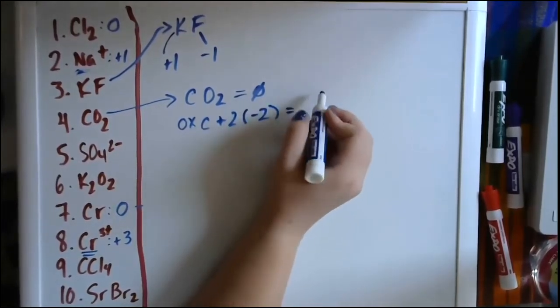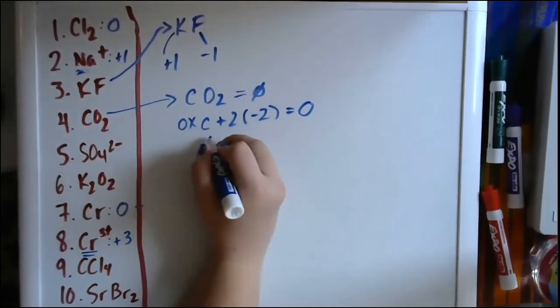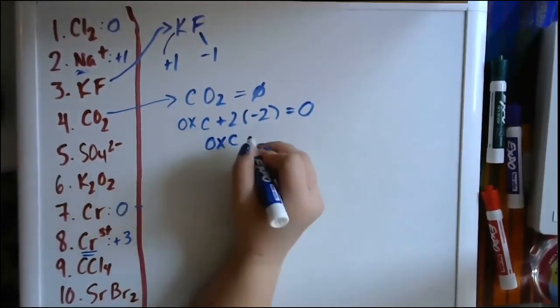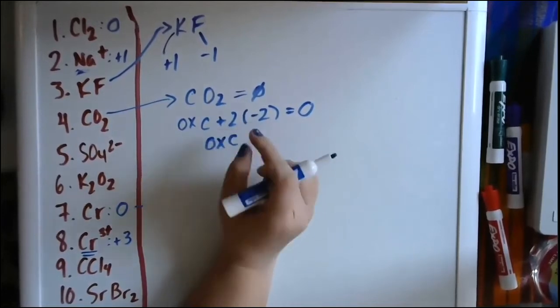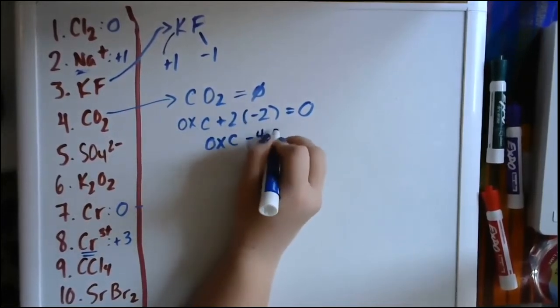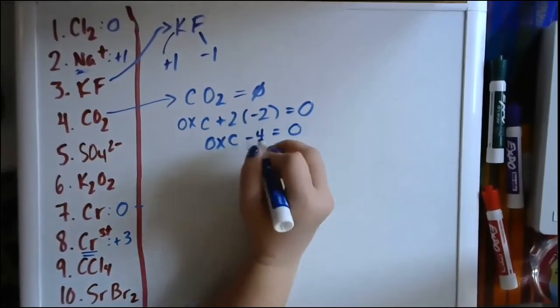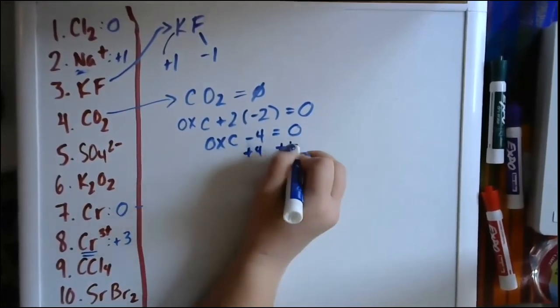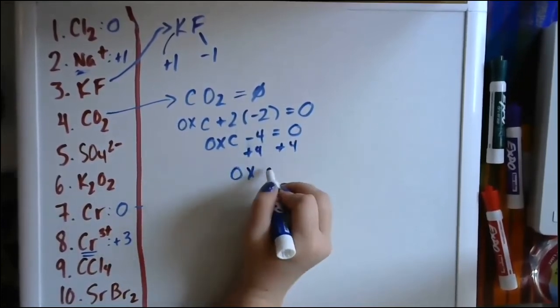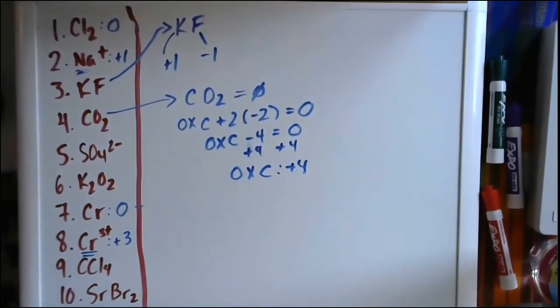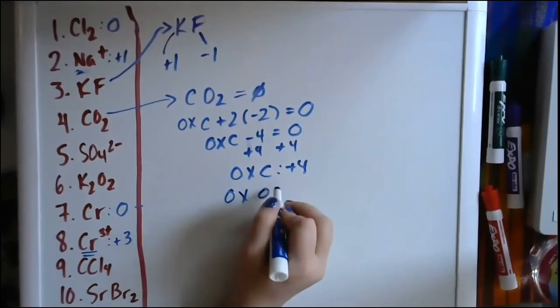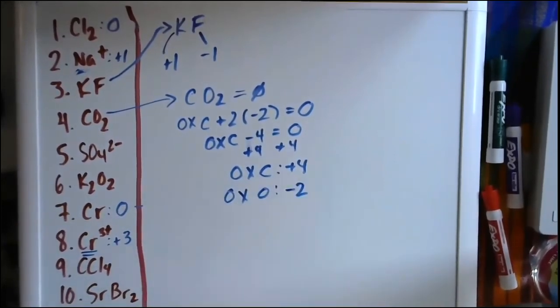When we add those together, we're going to get 0. So the oxidation state of carbon, well, 2 times -2 is -4, so it equals +4. So the oxidation state of carbon is +4, and the oxidation state of oxygen is -2.